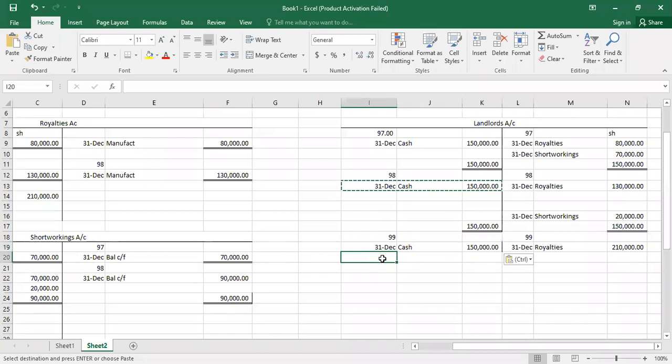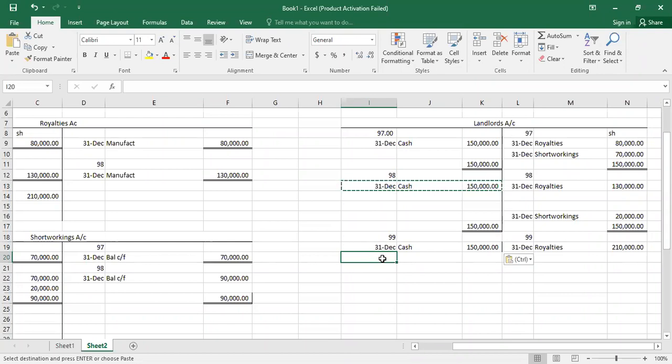Yeah, we paid the rent. Now we deal with the surplus. Are we calling it surplus? It is short working, yes.